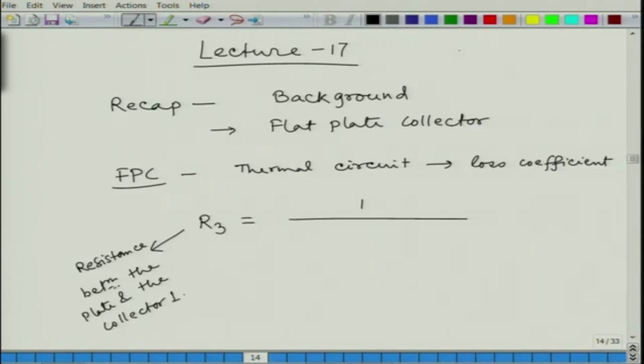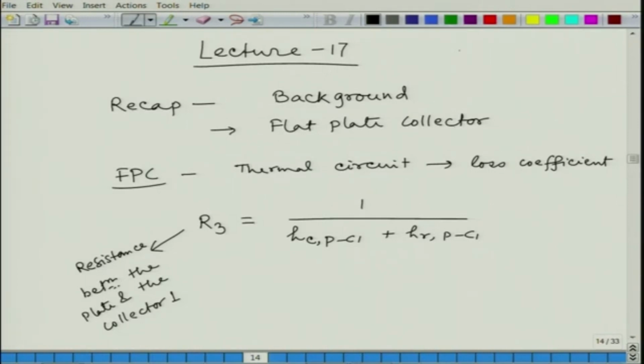What we saw is that it will have two components: one for convection, h_c between P and C1, plus h_r between P and C1. We have also looked at how to find this h_c P to C1 and h_r P to C1.